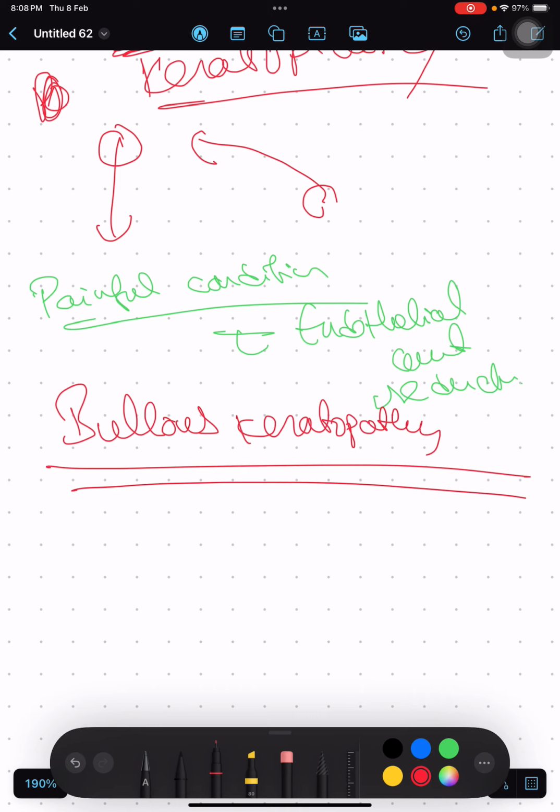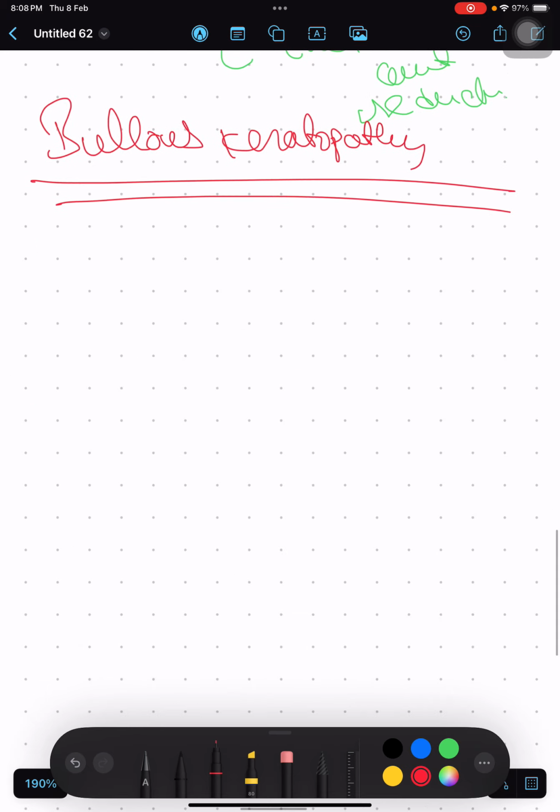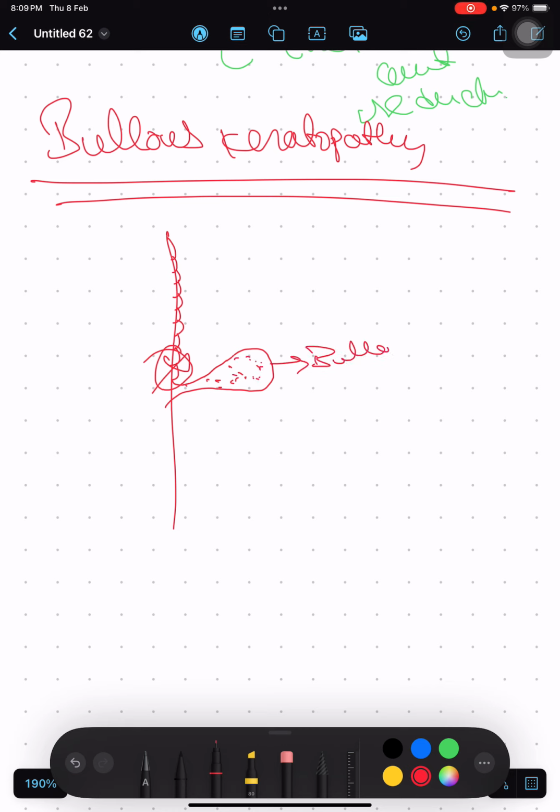Now, what does bullous keratopathy literally mean? Suppose there is an injury in the endothelium and there is a big sac like this which is filled with fluid. This is like a bulla, and this bulla consists of certain fluid.